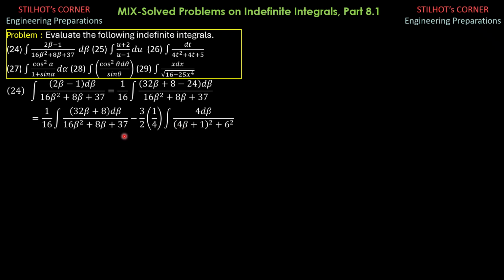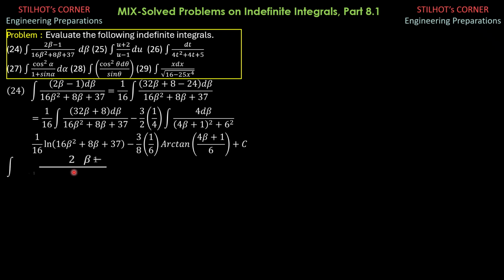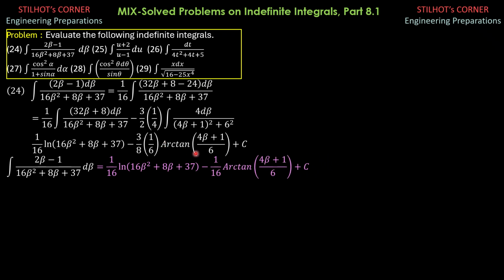So the final answer is 1 over 16 ln of (16 beta square plus 8 beta plus 37) minus 3 eighths of 1 over 6 arctan of (4 beta plus 1) over 6 plus c. Simplifying, that's 1 over 16 ln of (16 beta square plus 8 beta plus 37) minus 1 over 16 arctangent of (4 beta plus 1) over 6 plus c. That's the answer to the first problem.